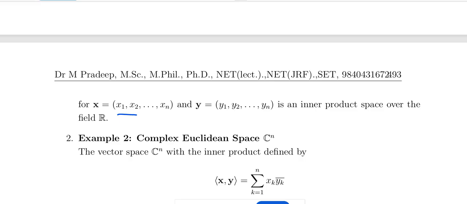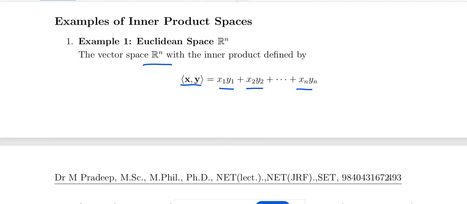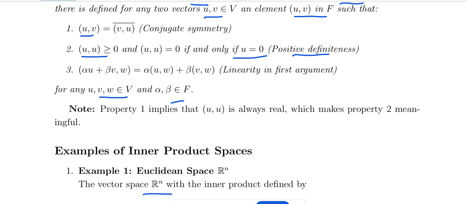It is an inner product space over the field R. These satisfy the properties: the first, conjugate symmetry; the second, positive definiteness; and the third, linearity in the first argument. The three properties should be satisfied. So obviously it satisfies them. This is the Euclidean space R power n.